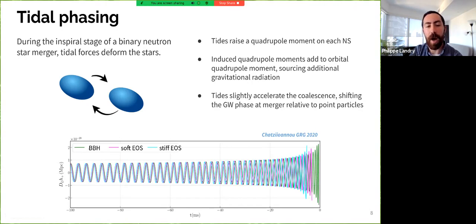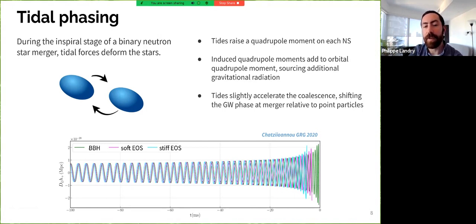down here in the plot at the bottom, comparing the point particle case, which is basically the binary black hole case here in green, to two binary neutron star systems, one with a soft equation of state, meaning small pressure gradients, more compact star, versus a stiff equation of state, which has a larger radius for a given mass, larger pressure gradients.